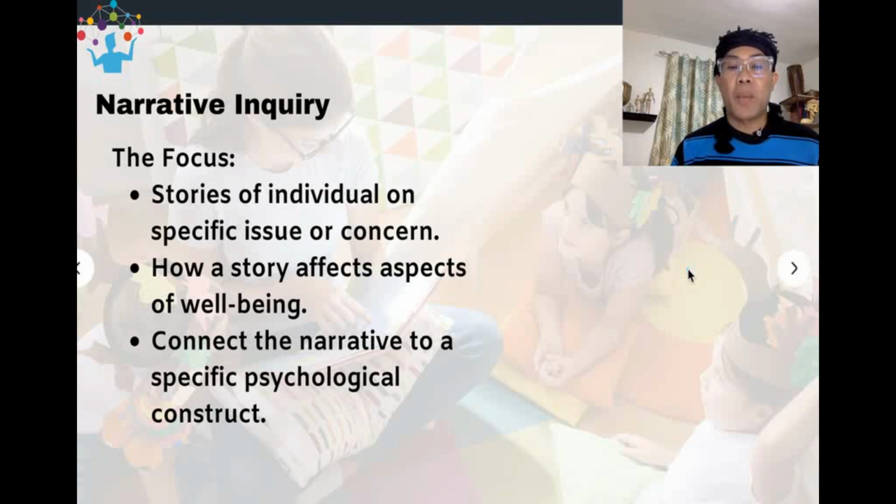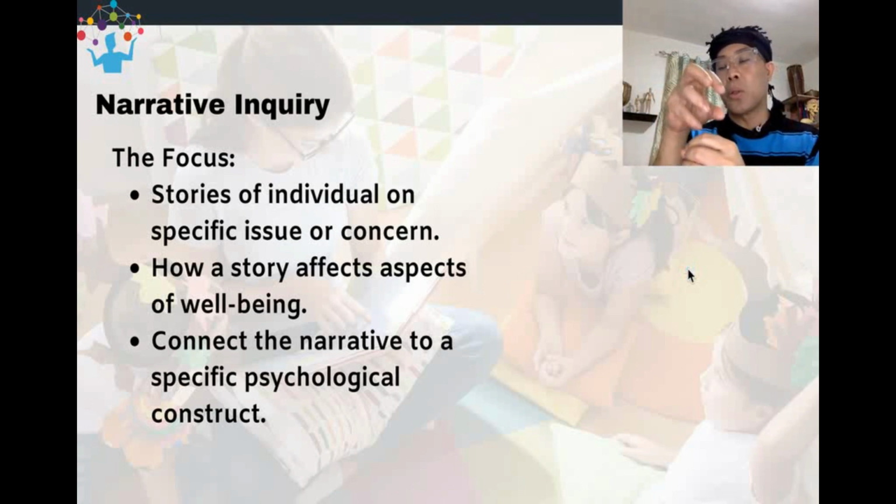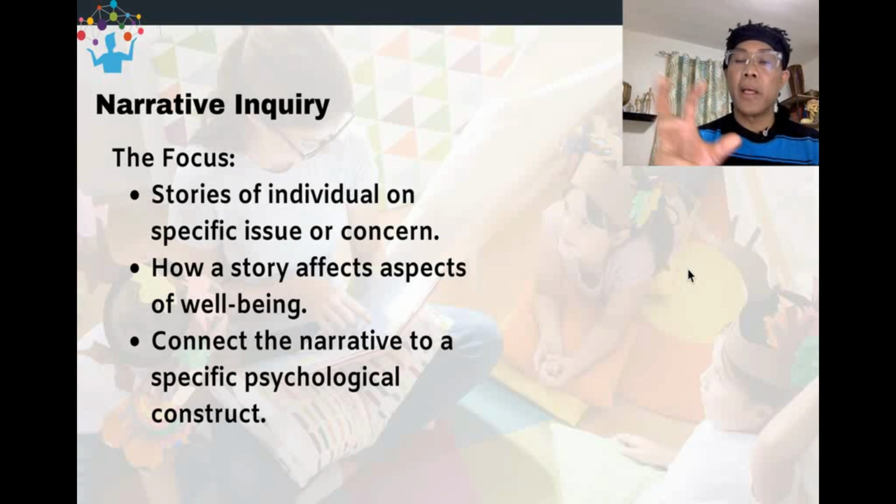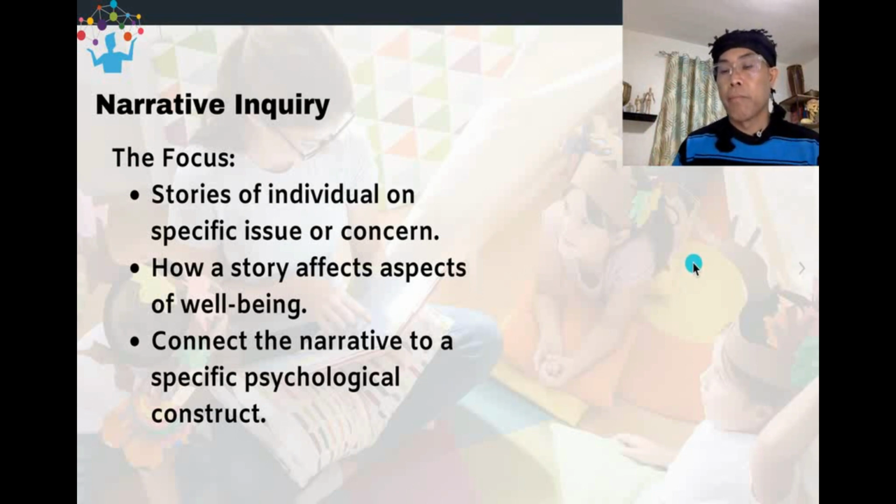And the last one is to connect the narrative to a specific psychological construct. You have the narrative, you have the story, and there are existing psychological perspectives. How would a certain psychological construct explain that narrative, or back up that narrative?